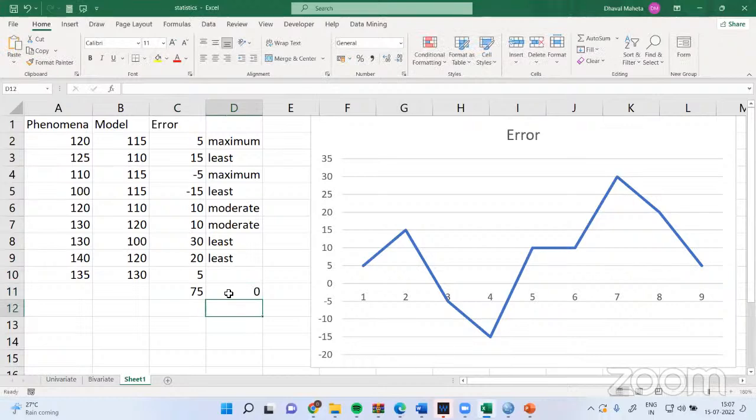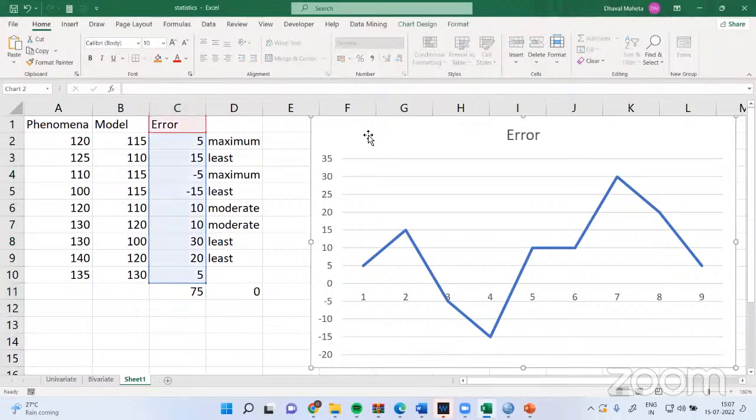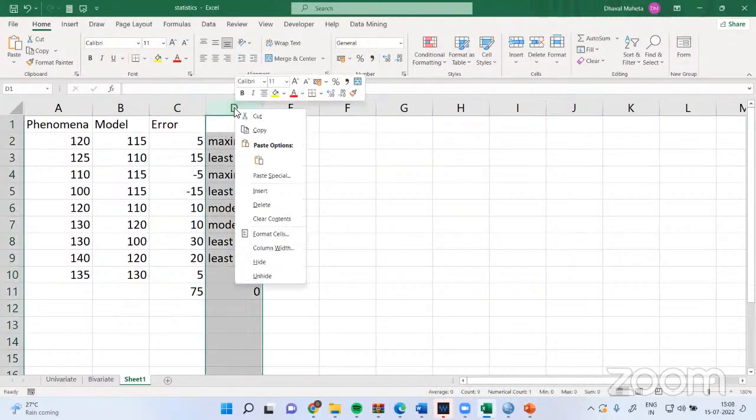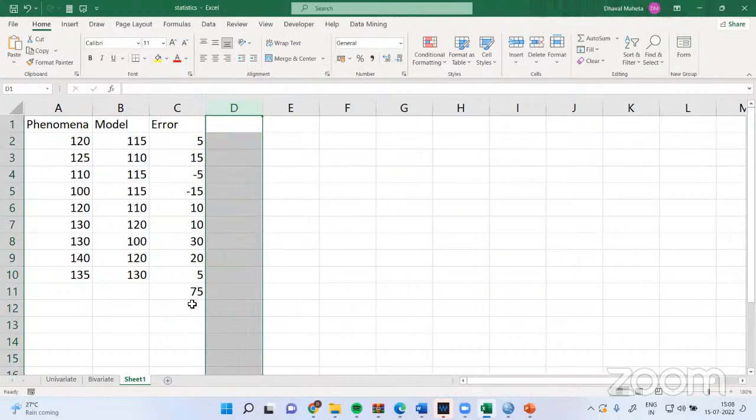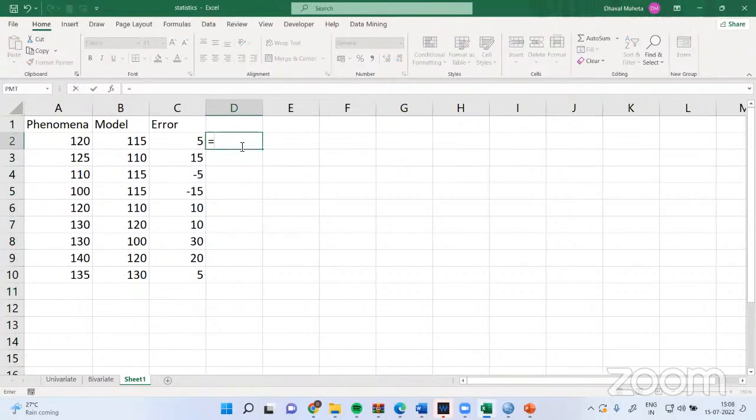But academicians say that if we go according to this method, the error will balance itself and we will get a very rosy picture. So from that day, this was converted into the concept that we will not try to target this as 0, but we will take the square of this error.